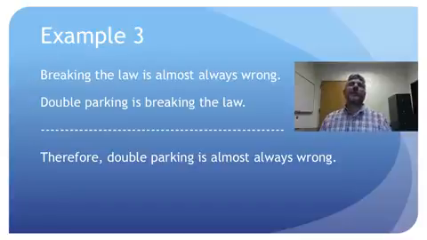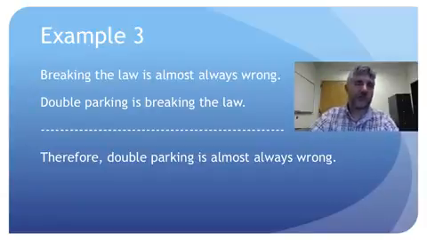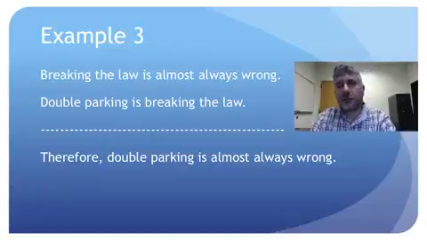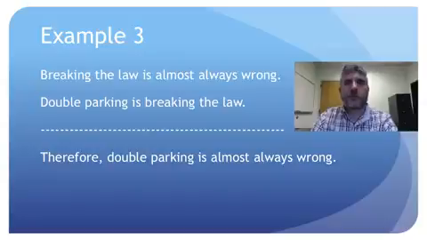Okay, so we cannot refute this argument by means of counterexample. That's not to say that this is a good argument. In fact, this third argument is not a good argument, but we can't show that it's not a good argument by using a counterexample. So sometimes a counterexample can succeed in refuting an argument, and sometimes it can't.